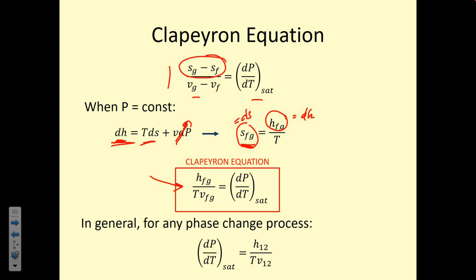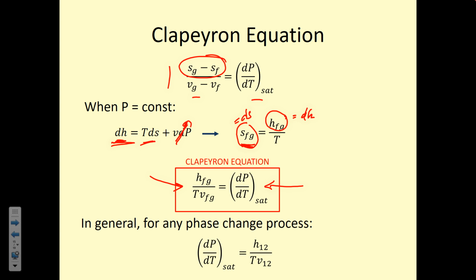So this allows us to determine how much heat is required to undergo any phase change process based on that relationship between dP and dT, or the slope between the pressure and temperature during the saturation phase. Similarly, if we measure the amount of energy it takes for us to induce a phase change, or we somehow know that information, then we can figure out the relationship between the saturation pressure and saturation temperature.